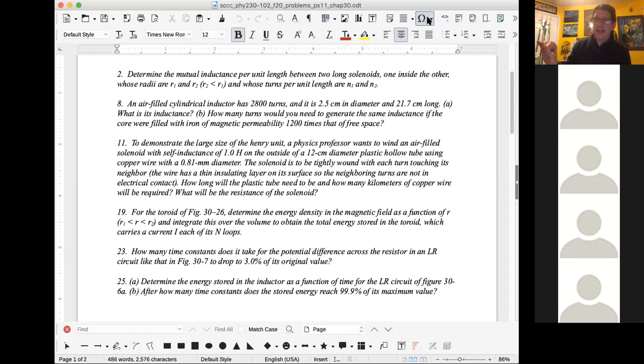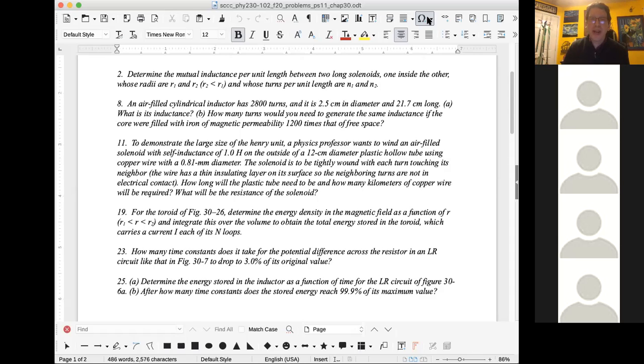So the current is equal to the maximum current times e to the negative t over tau. You multiply both sides of the equation by R, and you have the voltage across the resistor equal to the maximum voltage across the resistor times e to the negative t over tau. And then you can solve that for t as a number times tau.